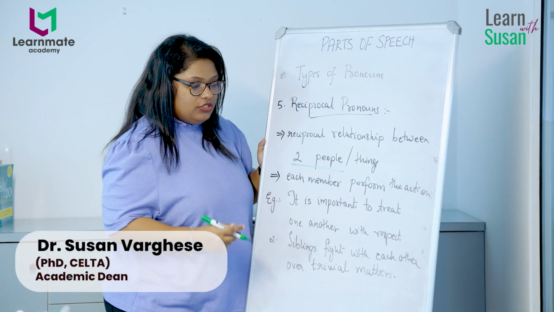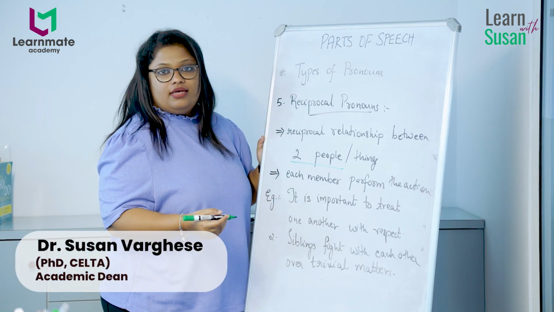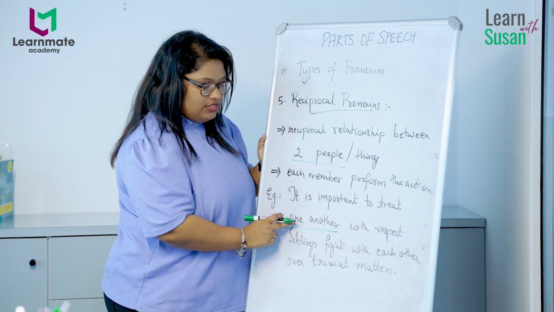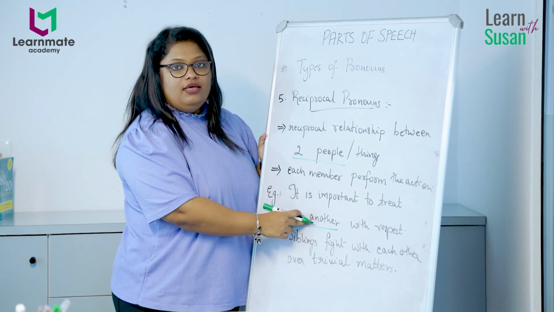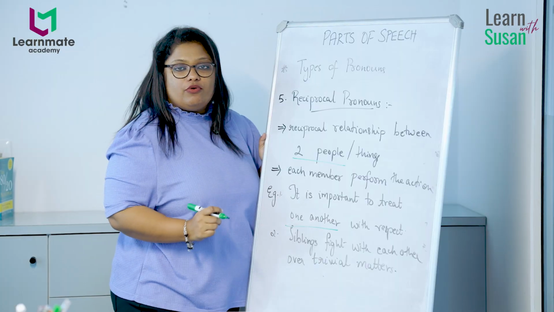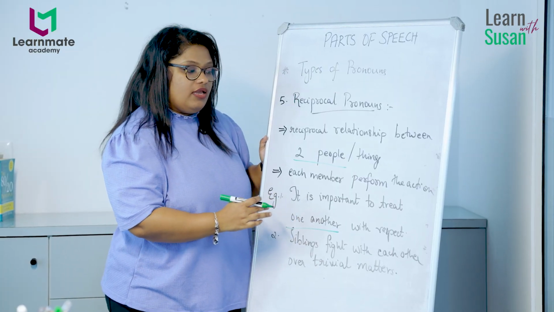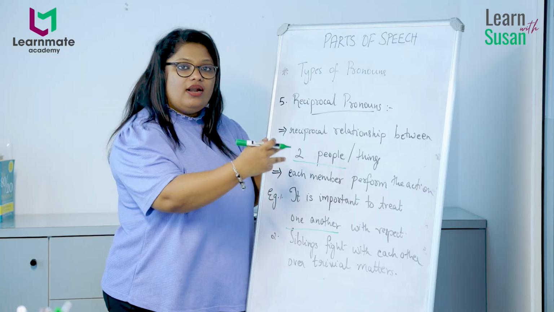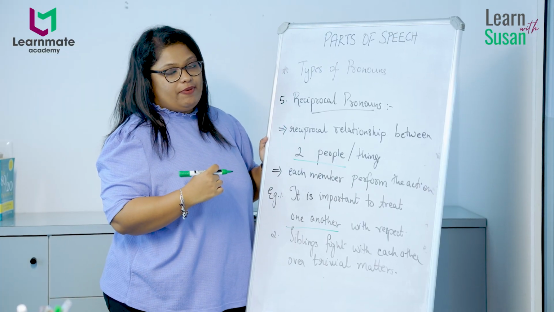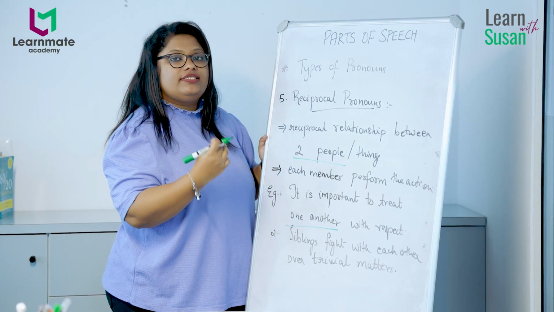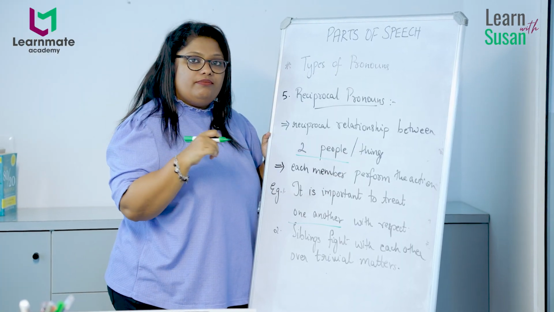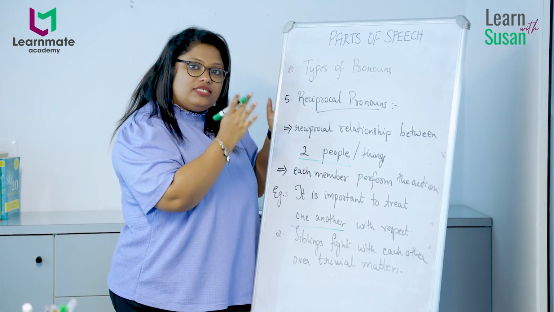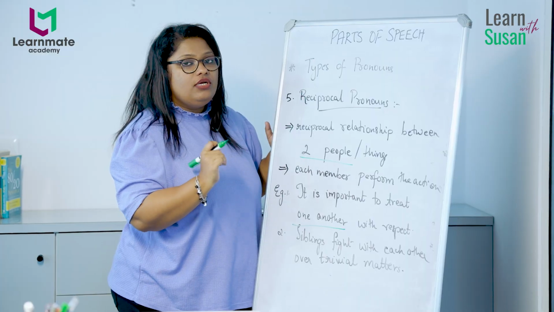It is important to treat one another with respect. So this combination here, one another, is an example of a reciprocal pronoun where I'm talking about how everyone must treat one another with respect. So it is the same action that is carried out by the same members of the same group that is relative to each other.